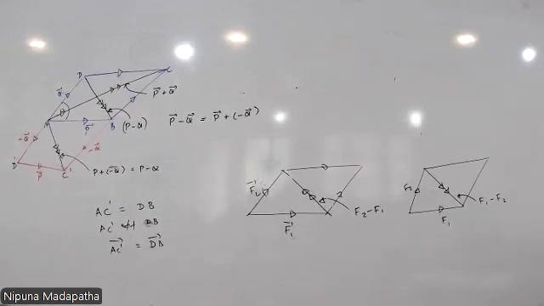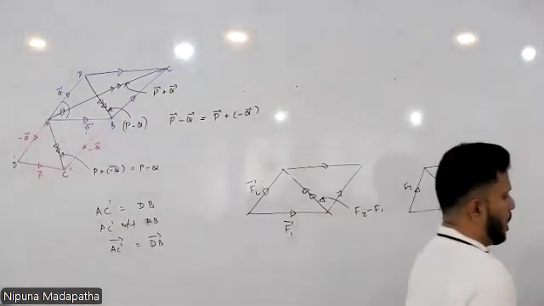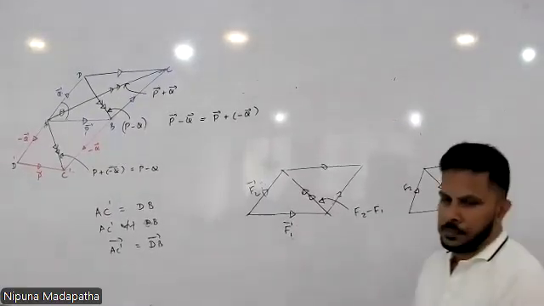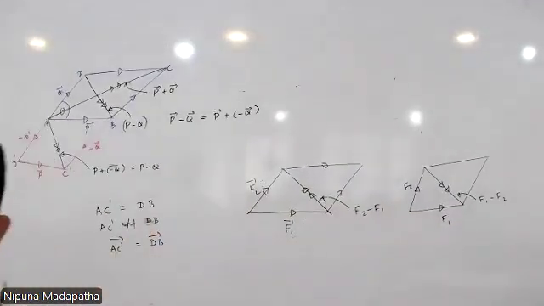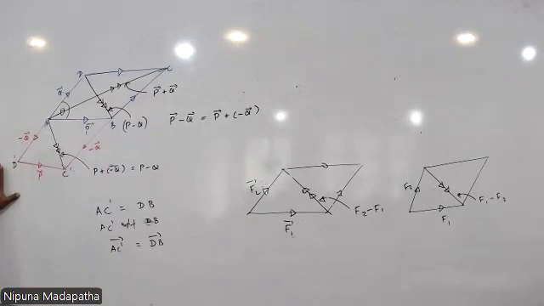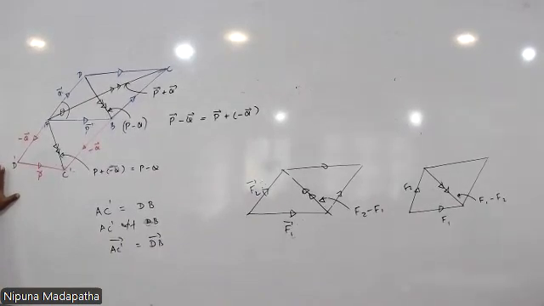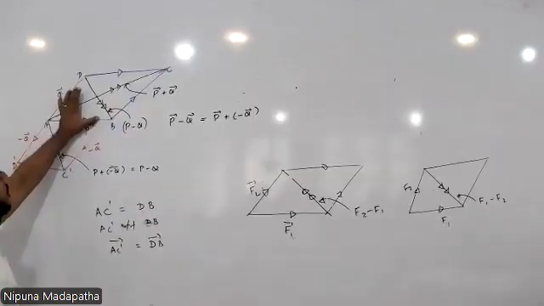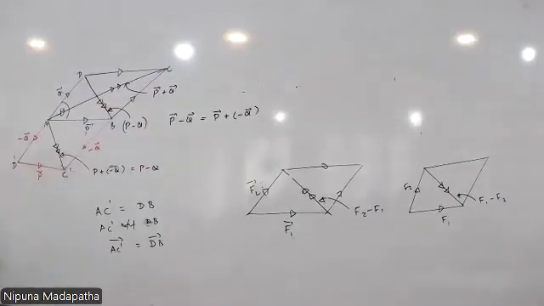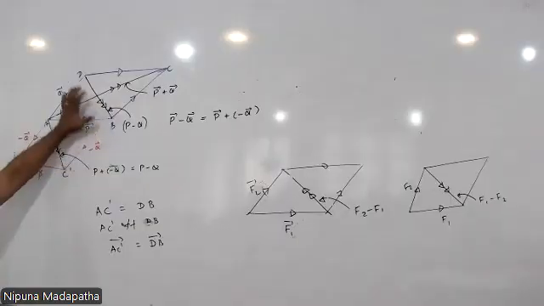It can be shown the difference of two vectors is represented by the diagonal DB or BD.